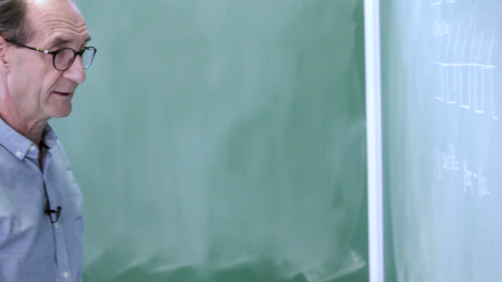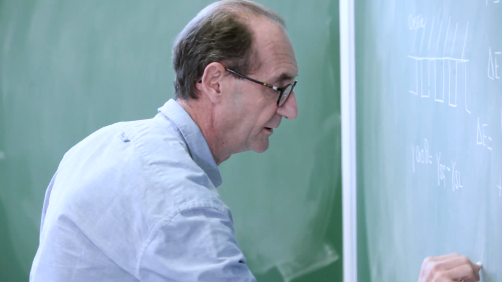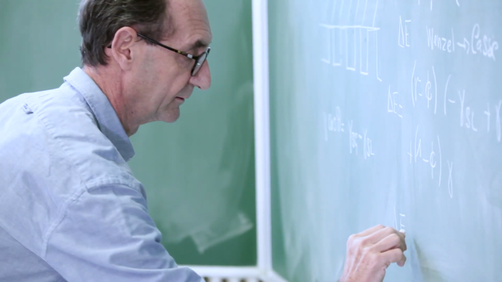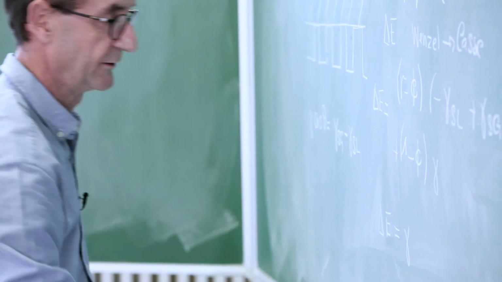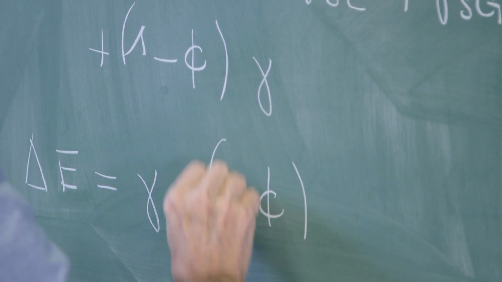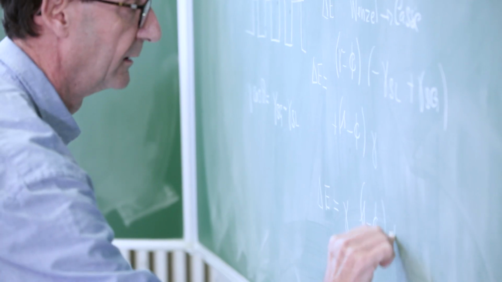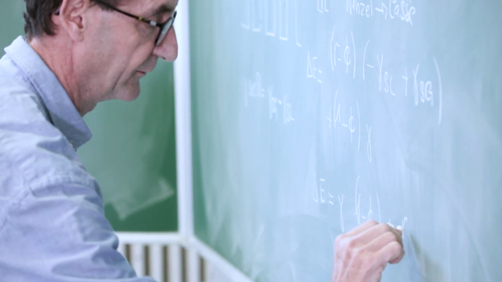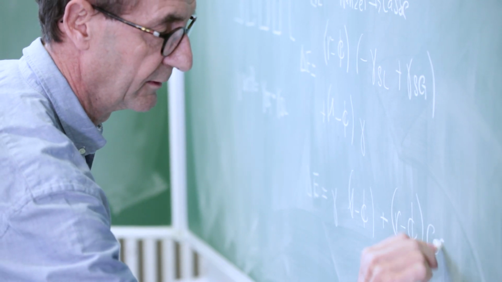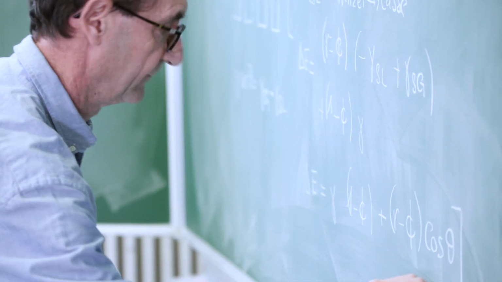So I can rewrite my change in energy as delta E equals gamma times (1 minus phi plus (R minus phi) times cosine theta).